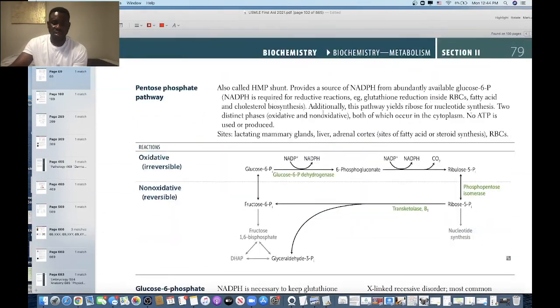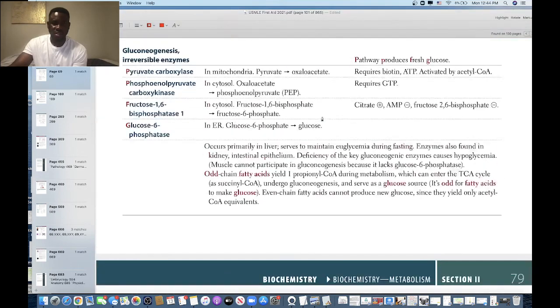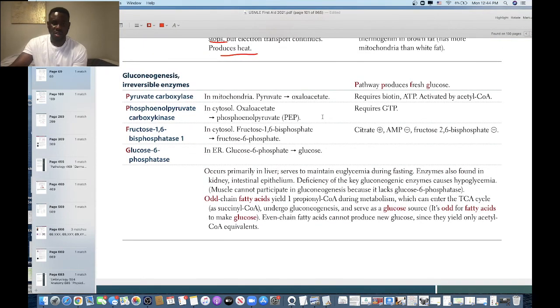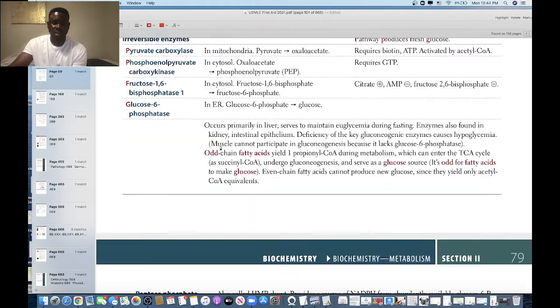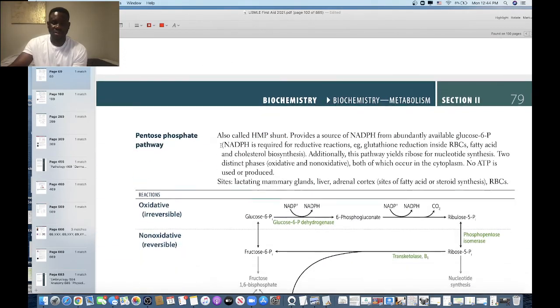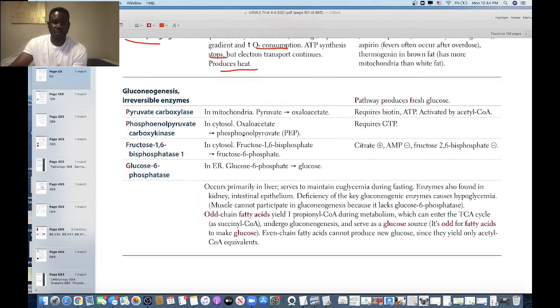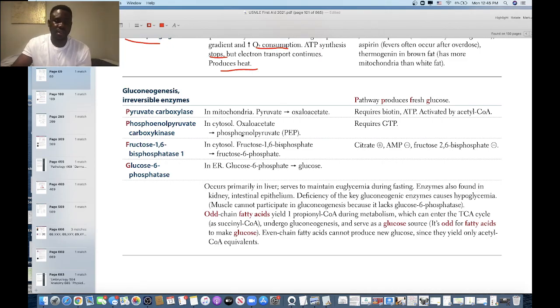Let's look at the last one here. This will be another topic for another time, the pentose pathway. Gluconeogenesis irreversible enzymes. Just as we saw in the rate-limiting enzymes for glycolysis, which are irreversible, in gluconeogenesis as well there are irreversible enzymes.